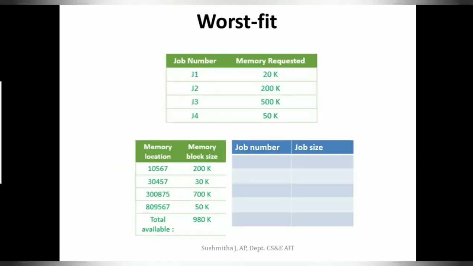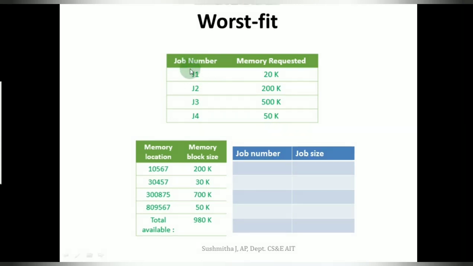Now I want you to answer, starting with job 1. Job 1 is of size 20K. The algorithm tells us to find the largest block that is available. For job 1, all 4 blocks are available, so the largest is the 700K.